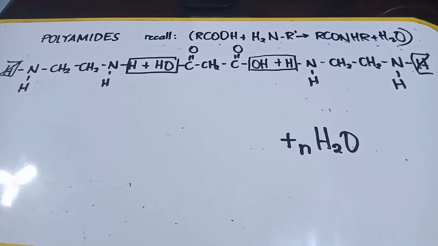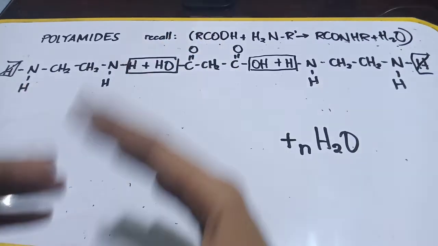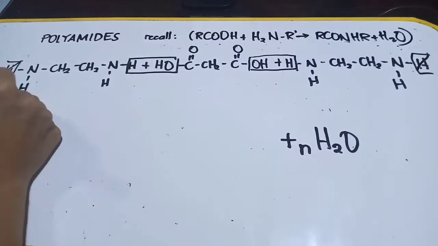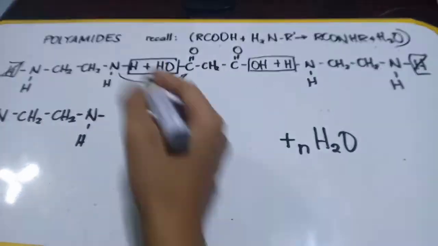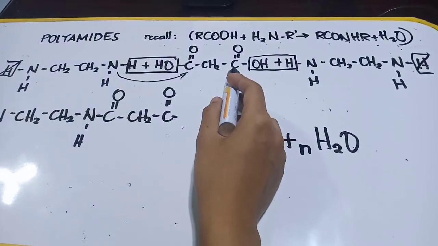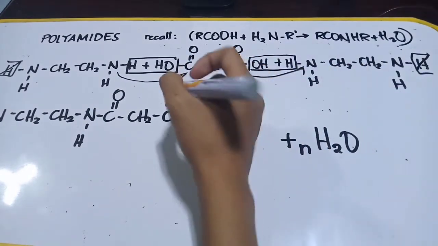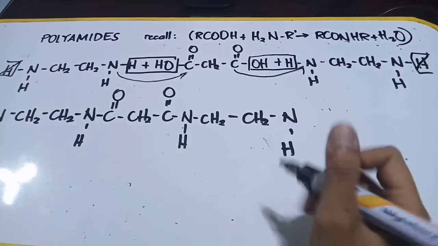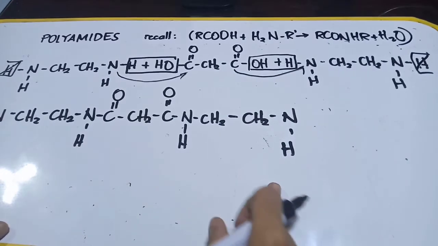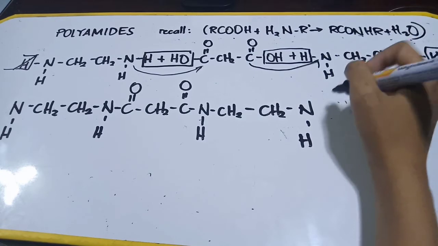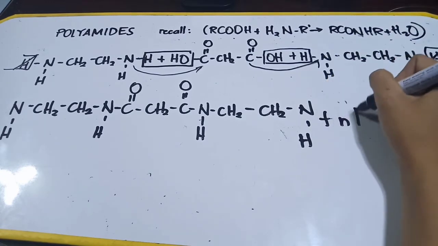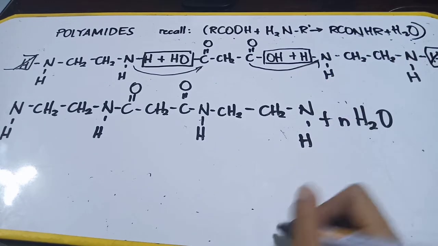The next thing we have to do is to rewrite what is left. The N will be bonded to the C, and the C will be bonded to the N. Now this is the product plus the water.